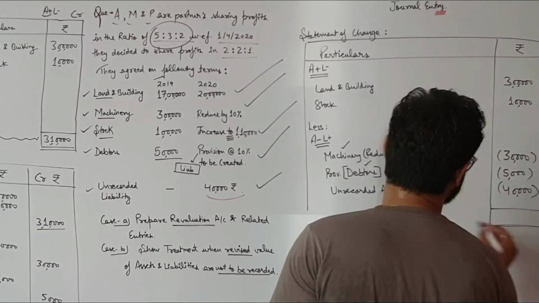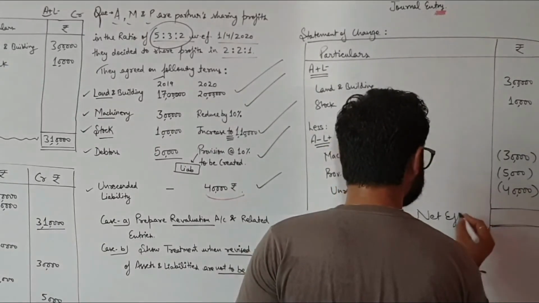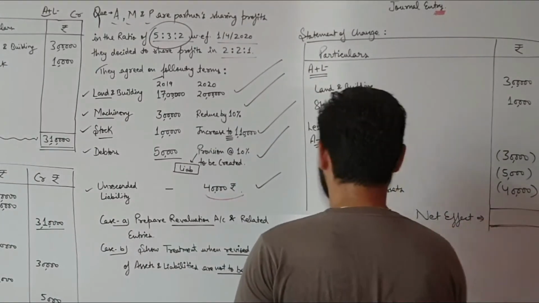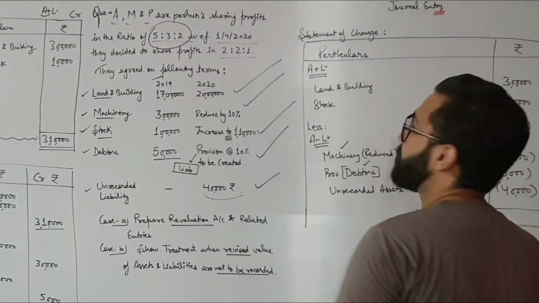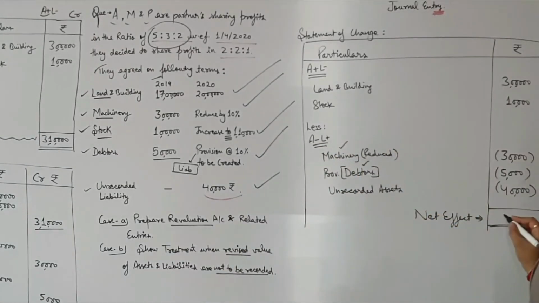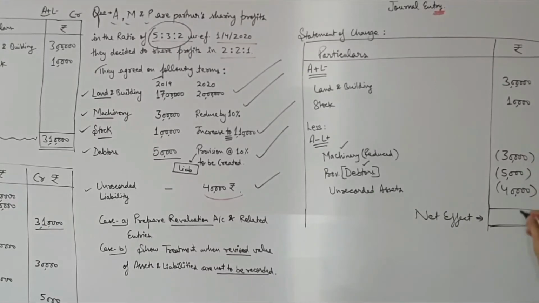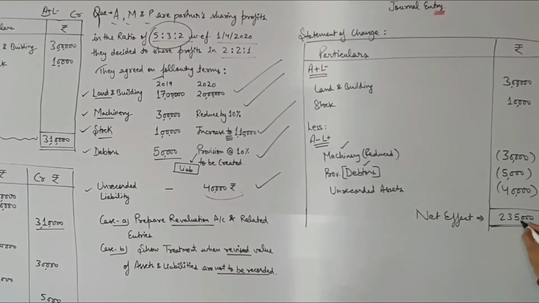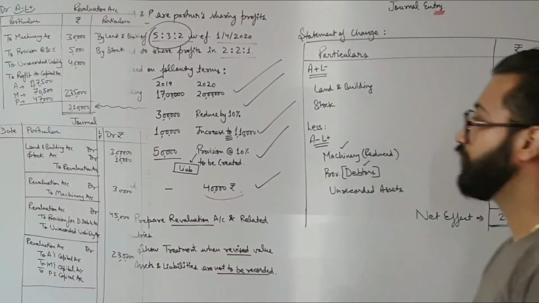Now we will calculate the net effect, which will come same as the revaluation profit of 2,35,000. Okay.